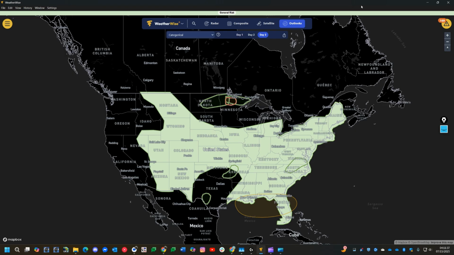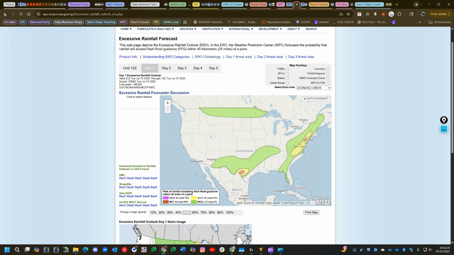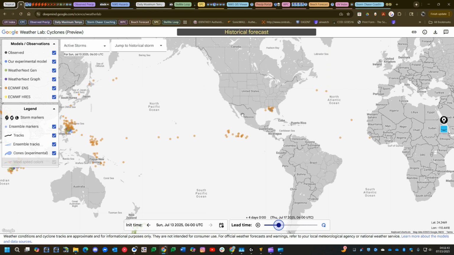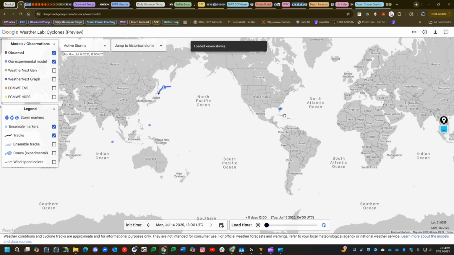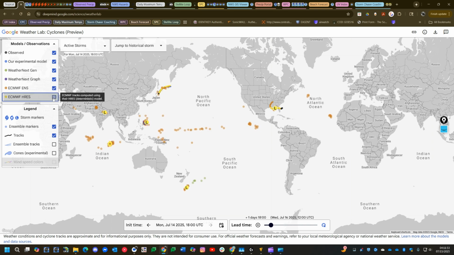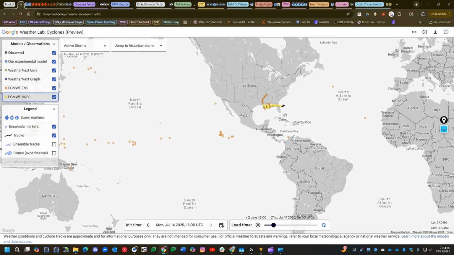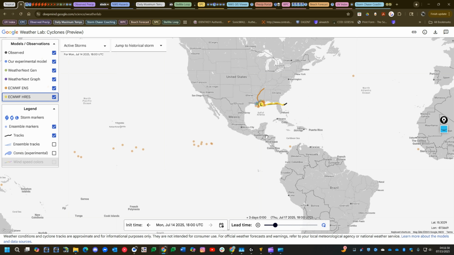As far as the tropics go, all eyes are on the Gulf of Mexico in the coming days. What I'd like to do is go through the different model outputs. Interestingly enough, it looks like some of the models are latching on to something.